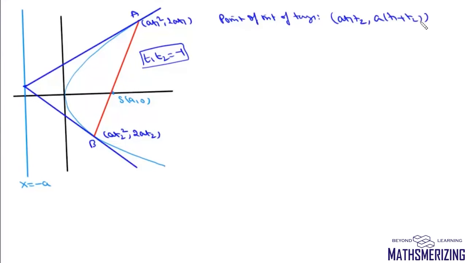So a will cancel, and it will be the square root of s1 into the square root of (y1² + 4a²) upon a, and that is the formula for the length of this chord of contact. So now we can say this length L is the square root of s1 times the square root of (y1² + 4a²) upon a.